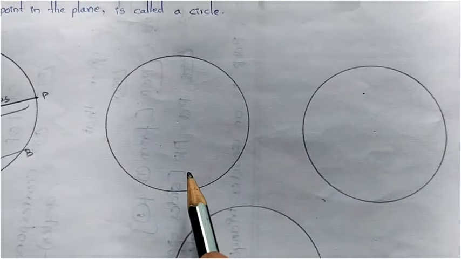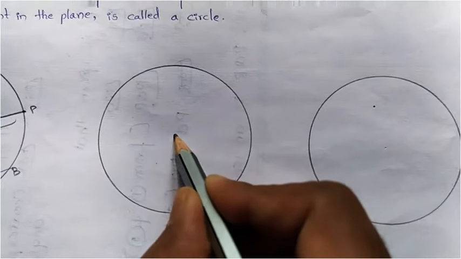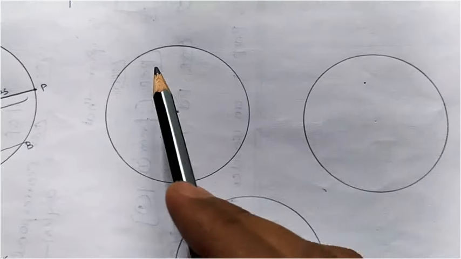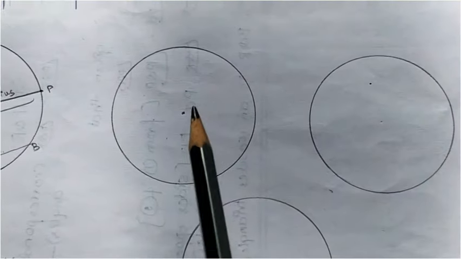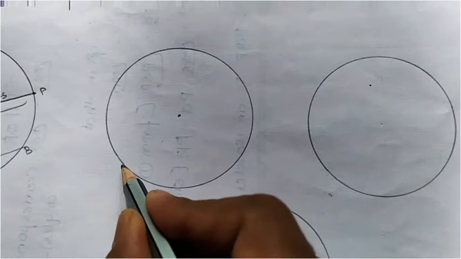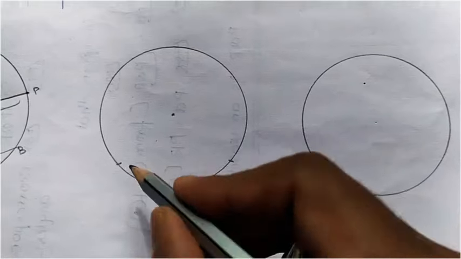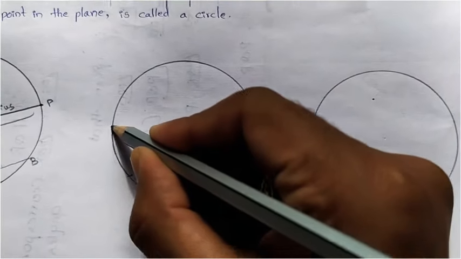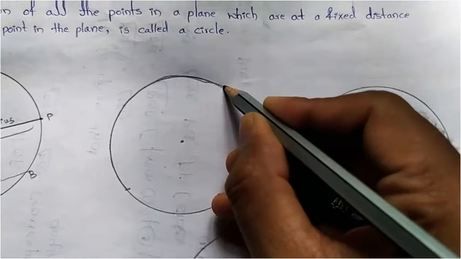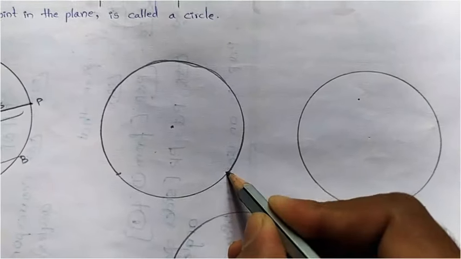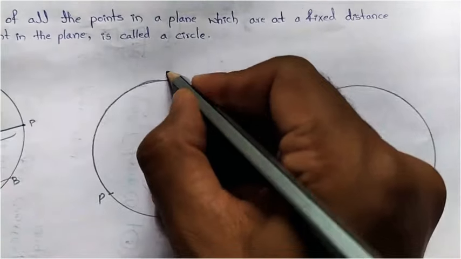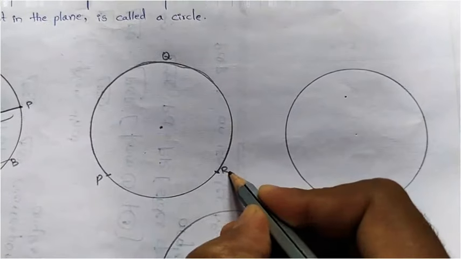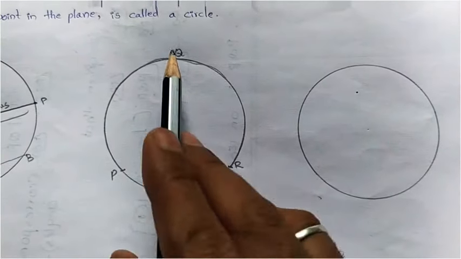Coming to the next concept, that is the arc. The total circle is in the shape of an arc, that is, you can say a circular arc. If I divide it into two parts, here I am taking the one bigger arc. I will name it PQR.